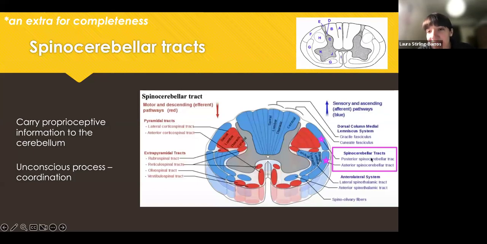And extra that I'm telling you here is the spinocerebellar tracts, which are here on the side, so laterally.